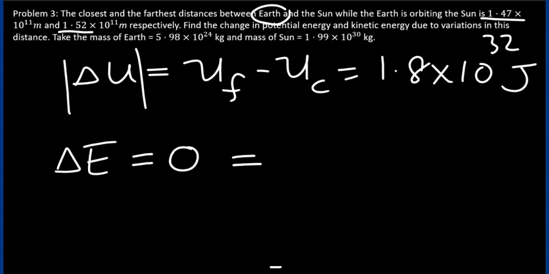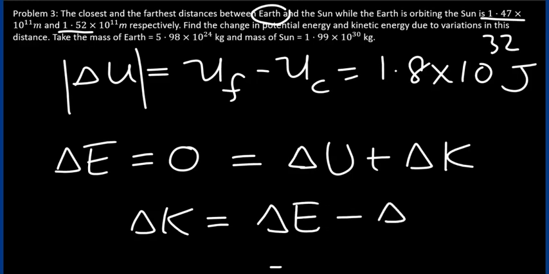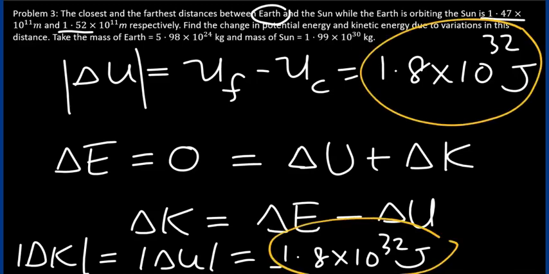We also know the change in the total energy is the change in potential energy plus the change in kinetic energy. So the change in kinetic energy is the change in the total energy, which is 0, minus the change in potential energy. So the magnitude of the change in kinetic energy is the same as the magnitude of the change in potential energy, which is 1.8 times 10 to the power 32 joules. And that solves the problem.